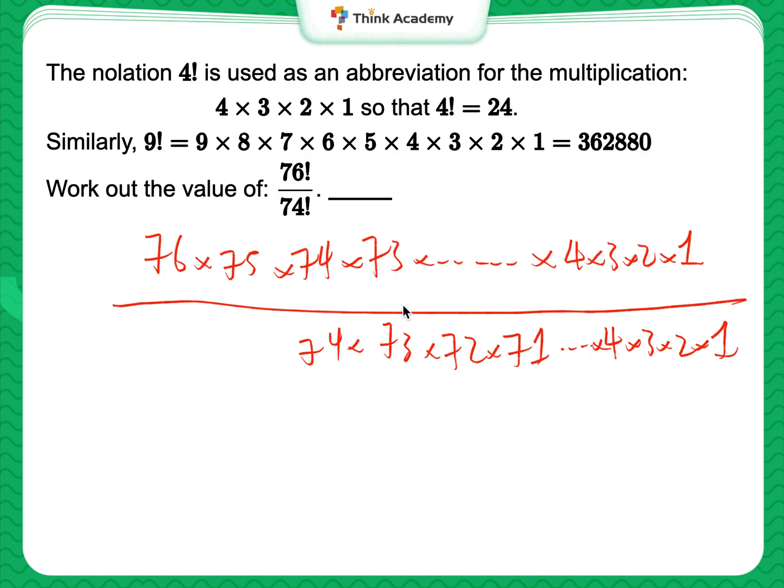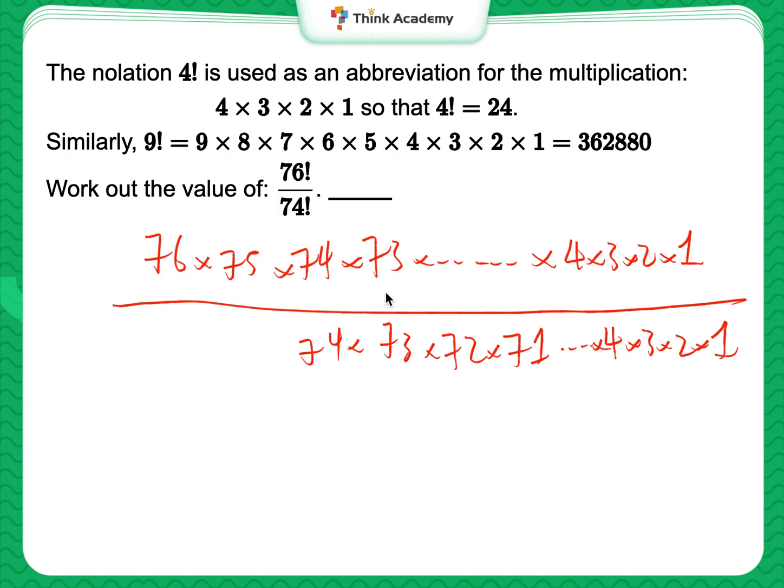So we know that for a fraction, if you're just having some multiplications in the numerator and some multiplications in the denominator, they are all considered the factors of the numerator and the denominator, right?